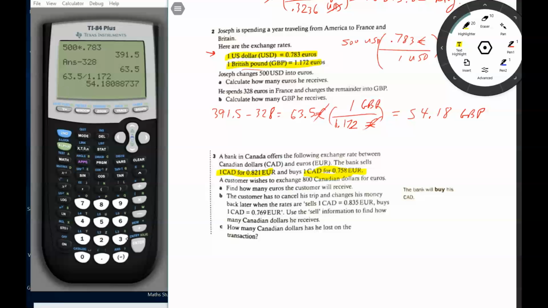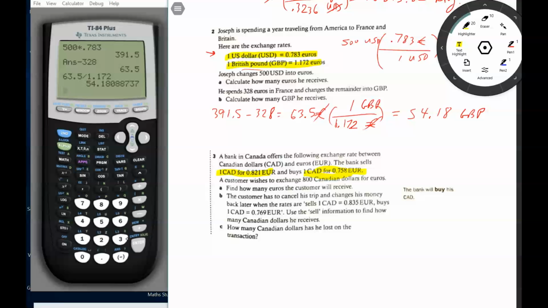So what happens is the bank is trying to always make money off of any exchange of currency. So it'll always give you a rate that's worse than if everything was even.